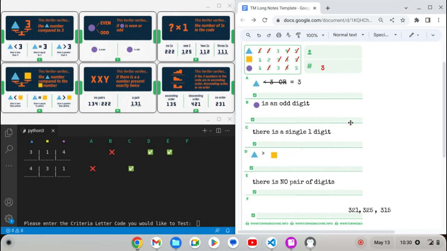Can't be 3, 2, 3 because there's no pair. So 3, 1, 5, yeah, that's the only possibility. Then 3, 2, 1, 3, 2, 5. Okay, so now that I've narrowed it down to three possibilities.